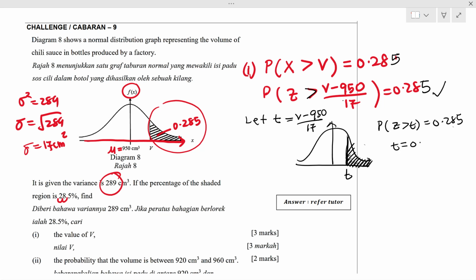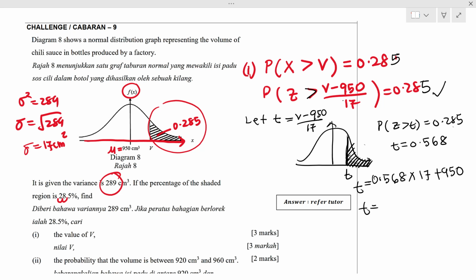Your T is 0.568. Okay. Now substitute back into this equation, find your V. Okay, 0.568 multiply by 17 and then plus 950, you should be getting your V. I straight away do the one-shot working.